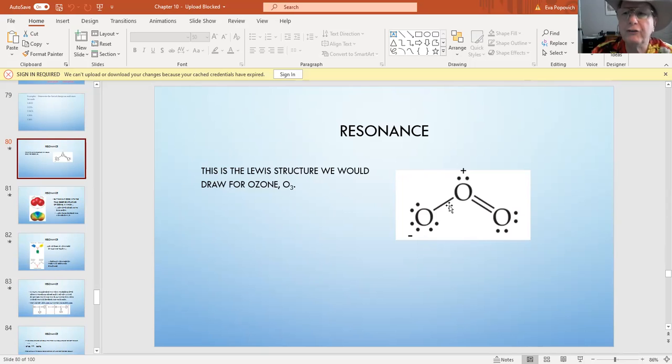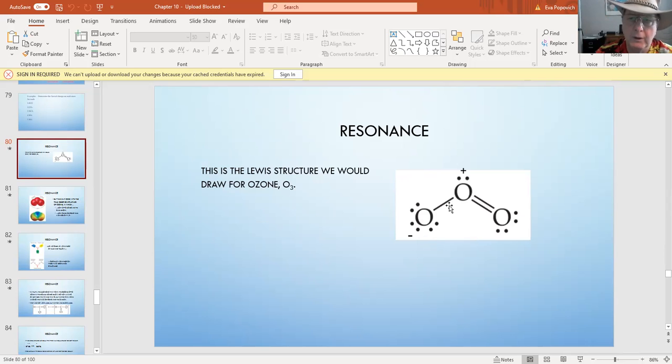Resonance involves double and triple bonds. If you can manipulate a double or triple bond within the molecule and come up with an equally legitimate Lewis dot structure, you have resonance. And it makes the overall molecule that much more stable.